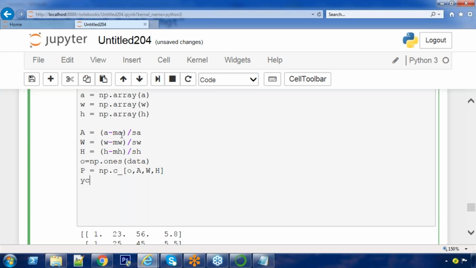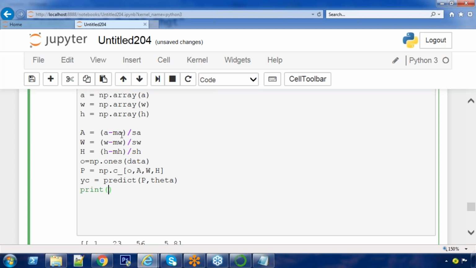Now my prediction. Let's say YC, Y cap, predict of input matrix P, coefficient matrix theta. Print P, print YC.